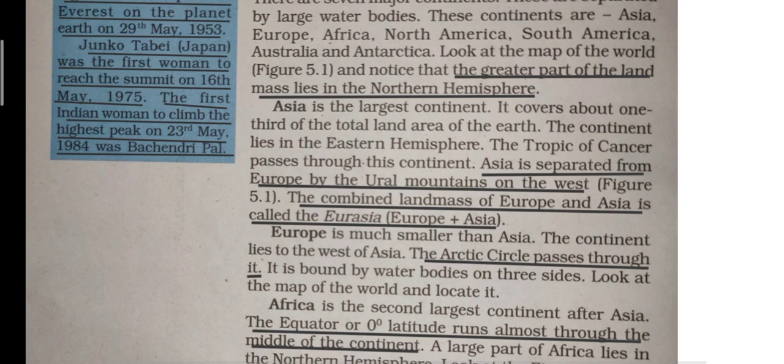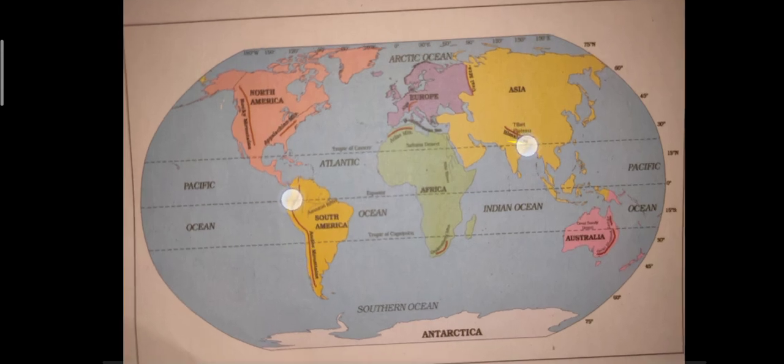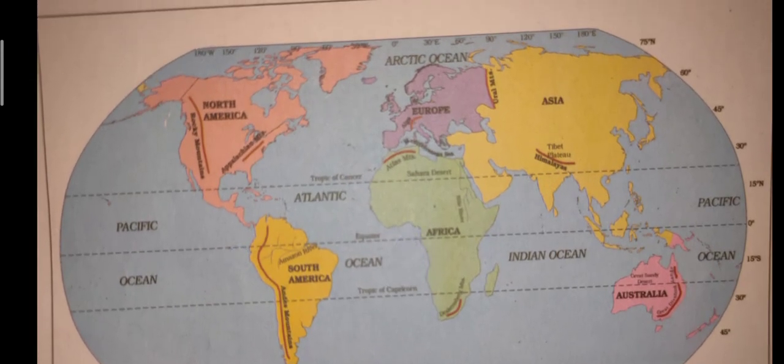Also children, Asia lies in the eastern hemisphere. If you see here, Asia is the one which is colored in yellow color. So Asia lies on the eastern side in the world and you can see very clearly that Tropic of Cancer is passing through the Asia.